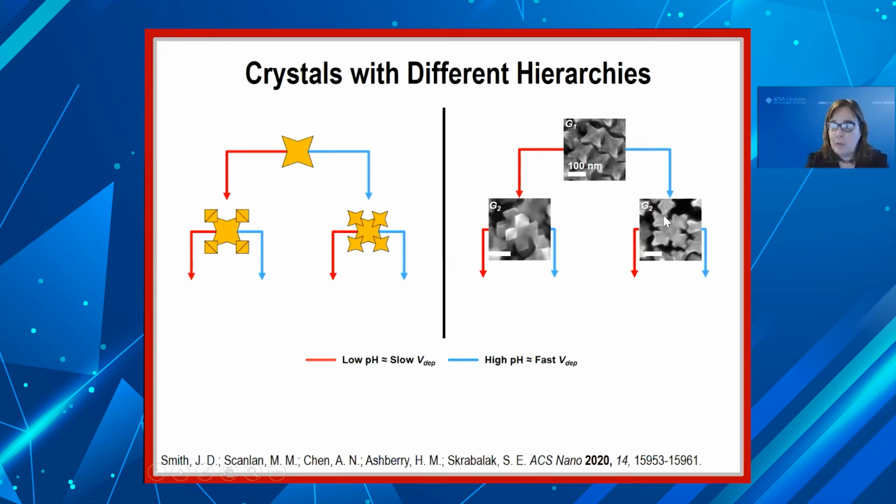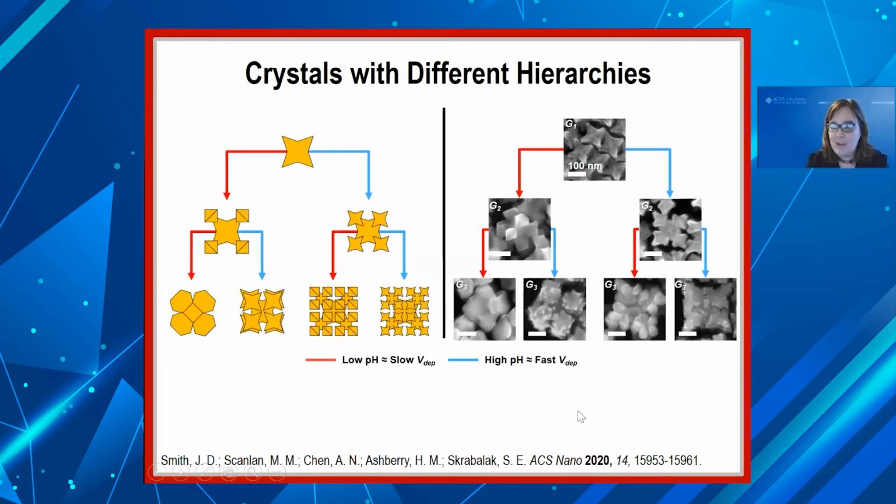In contrast, we end up with multiple branches proceeding in 1-1-1 directions from each vertex of our branched nanocrystal under fast deposition conditions. Now we have 2 new nanostructures that we can then build on top of, and each one of those has 2 different paths, the slow deposition path or the fast deposition path. And so we can continue forward.